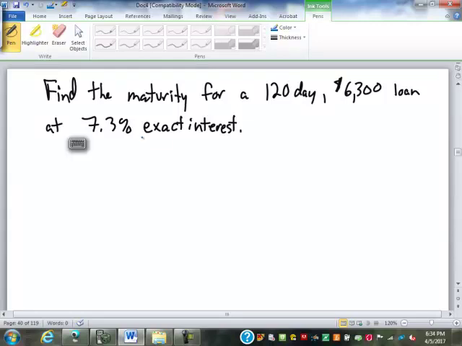It'll either say exact, or if it does not say exact, you'll always assume ordinary.